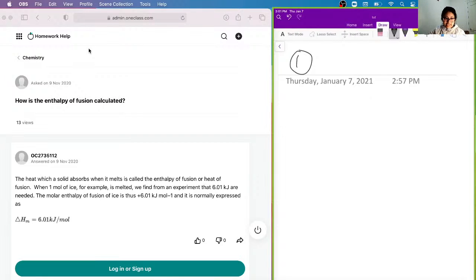So the first question is: how is the enthalpy of fusion calculated? Basically, as it's stated here, the heat which a solid absorbs when it melts is called the enthalpy of fusion.